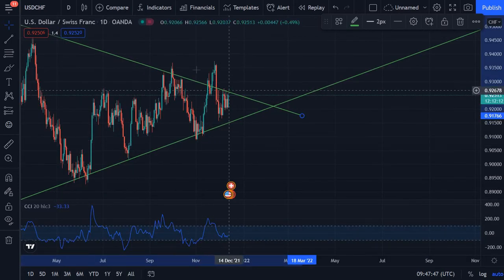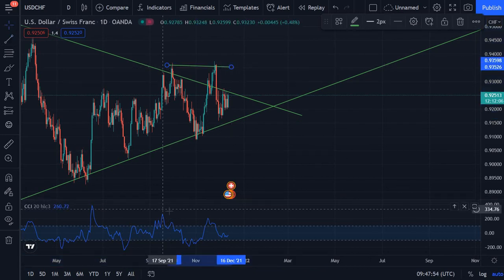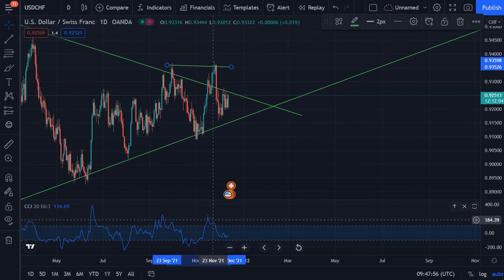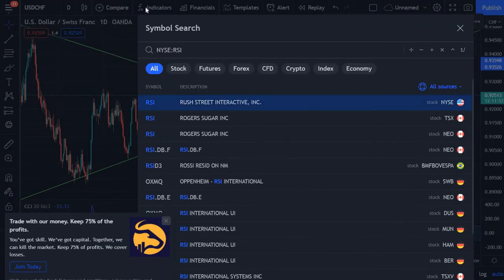The daily chart pretty much the same. Here we kind of had a double top with, well, not really a bearish CCI. Let's check the RSI.